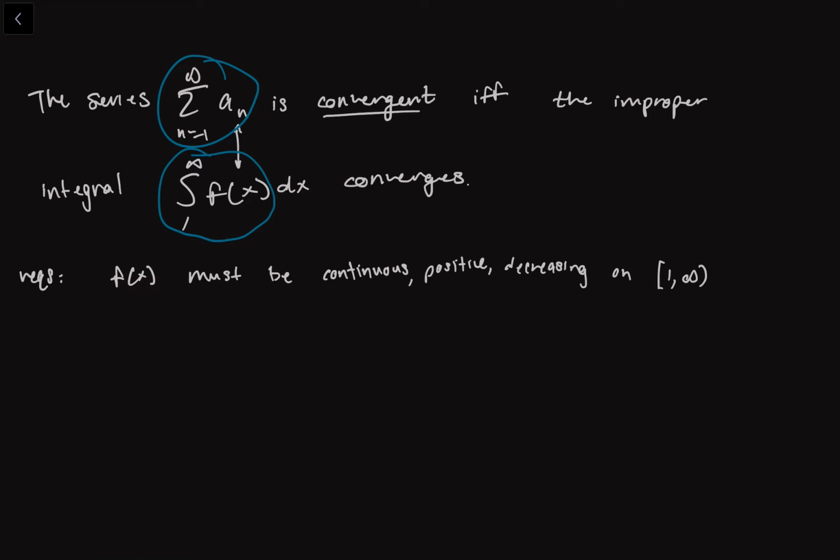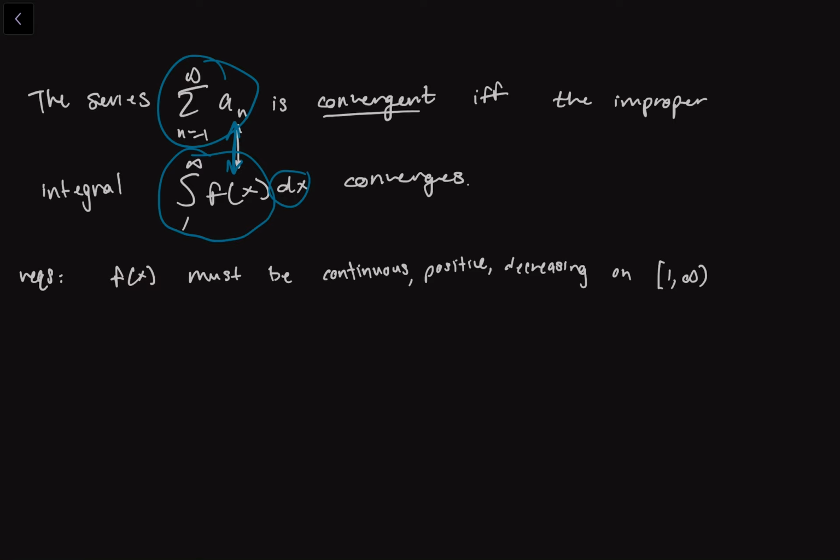That function is going to be the exact same as our sequence, just maybe with an x and a dx instead. And if that integral will converge or diverge using the skills that we learned in the improper integrals video, then the series will match the convergence or divergence of that improper integral.